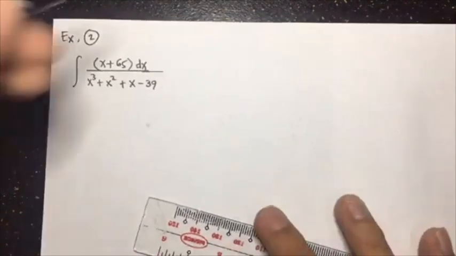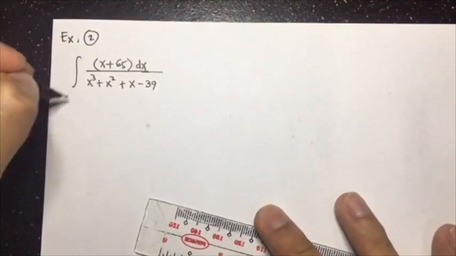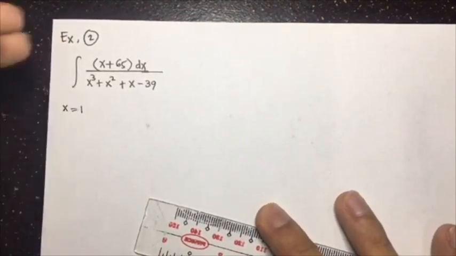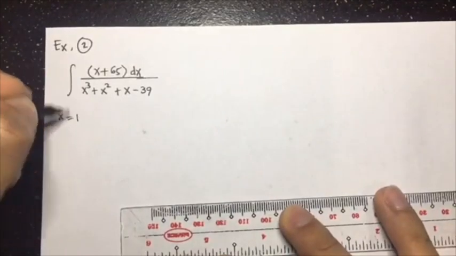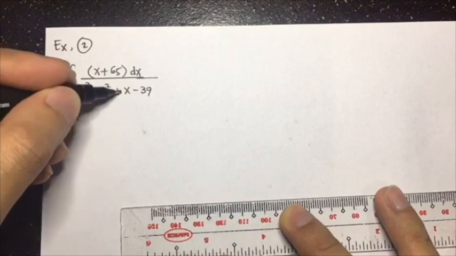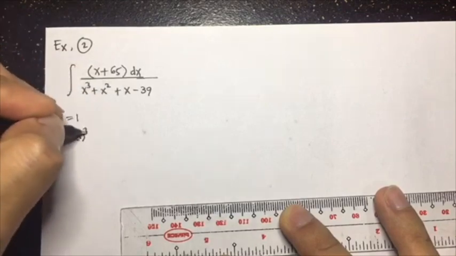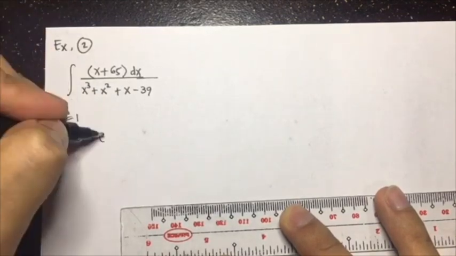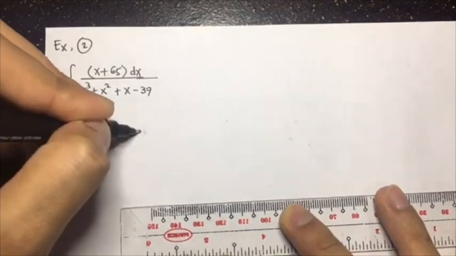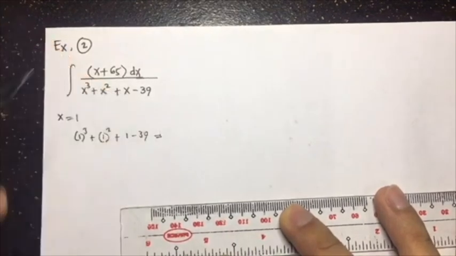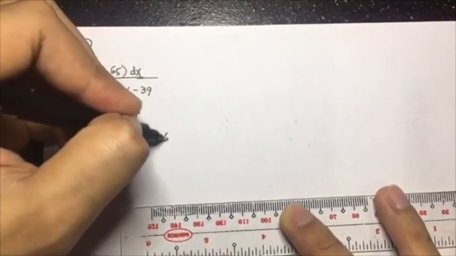At x equal to 1, we have 1 cubed plus 1 squared plus 1 minus 39, which is not equal to 0.